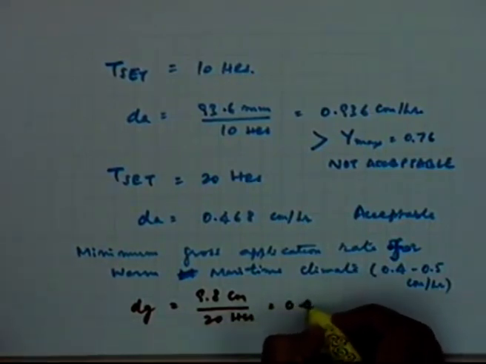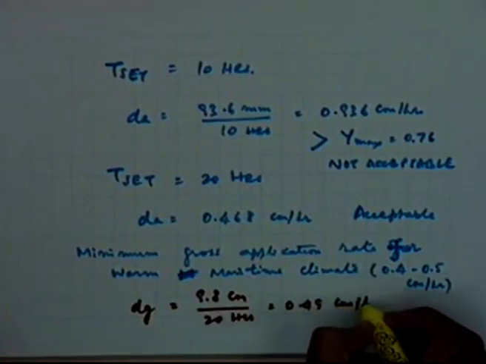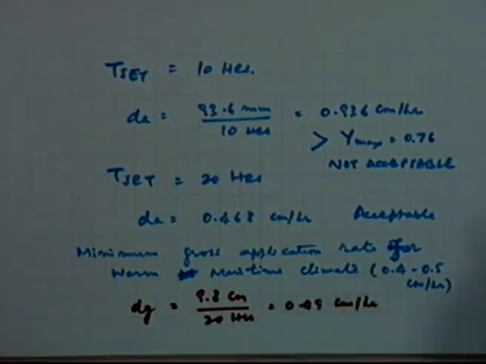This works out to be 0.49 centimeters per hour, which is just within the acceptable range. So from that angle also, the minimum gross application rate under the prevailing conditions is satisfied.